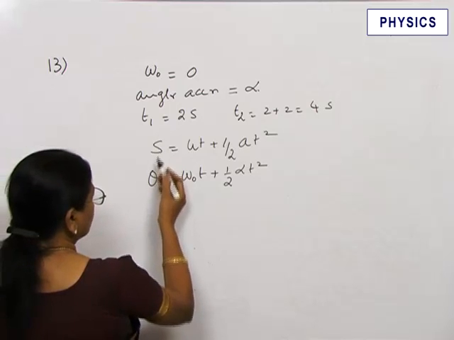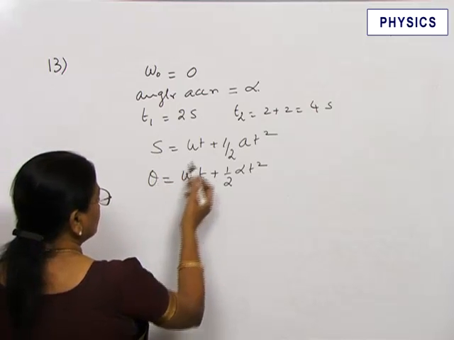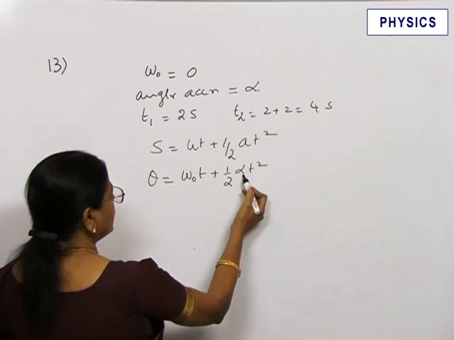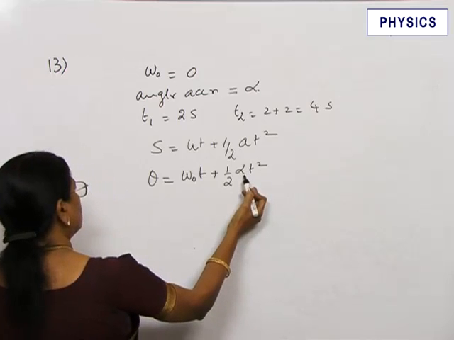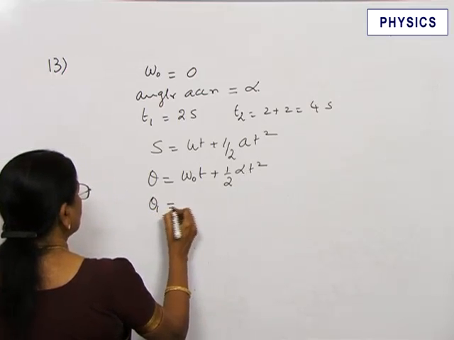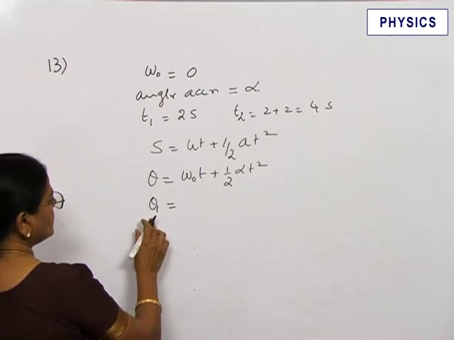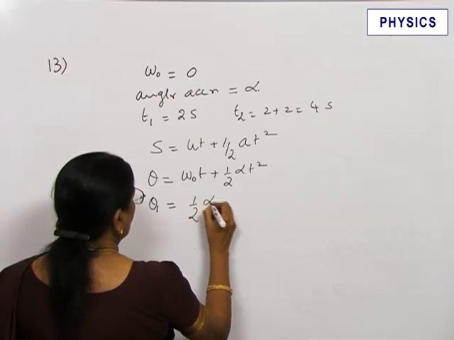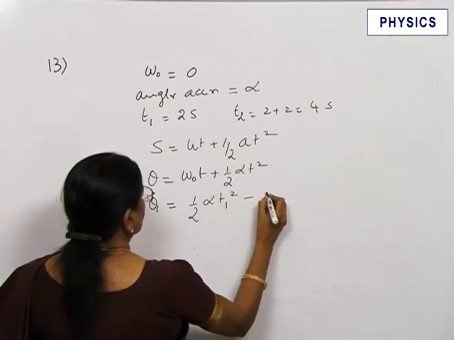So linear displacement becomes angular displacement, linear velocity becomes angular velocity, linear acceleration becomes angular acceleration. Okay. Now let us take for the first interval t1 the angle described as theta 1. This is 0, so theta 1 equals half alpha t1 squared.